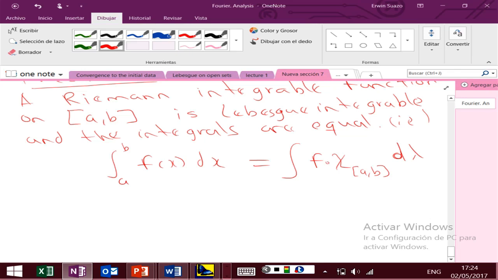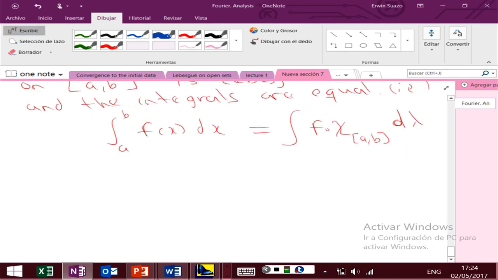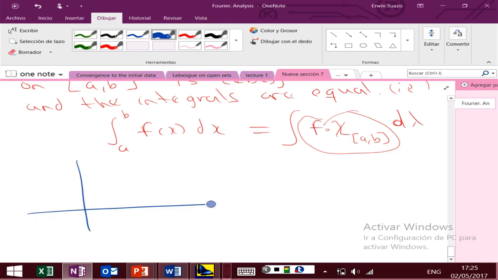So yeah, a student asked me about these questions. Do you guys understand this notation? This notation means, for example, I have my function f of x, but then I want to grab my function f of x times the indicator of 0 to infinity.